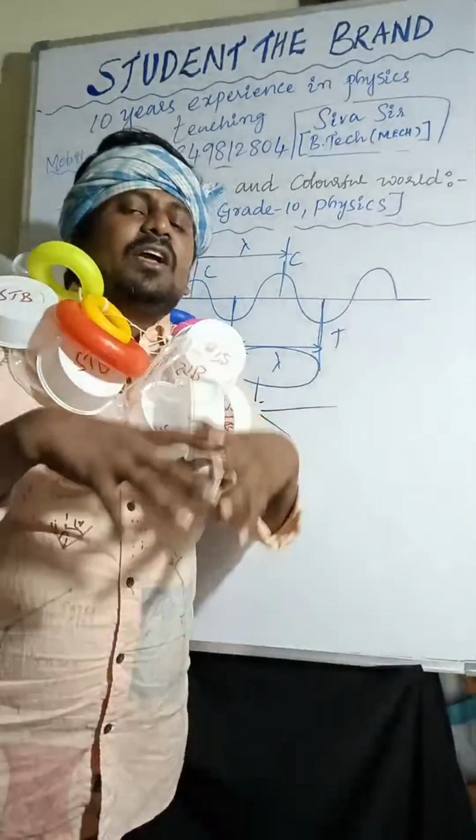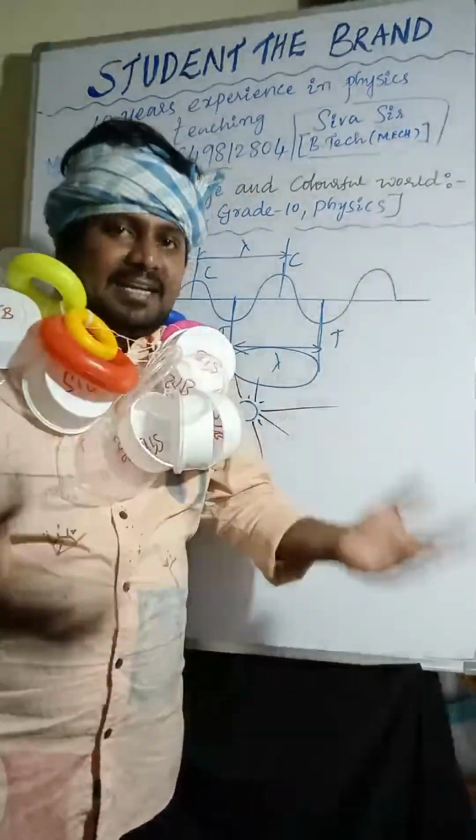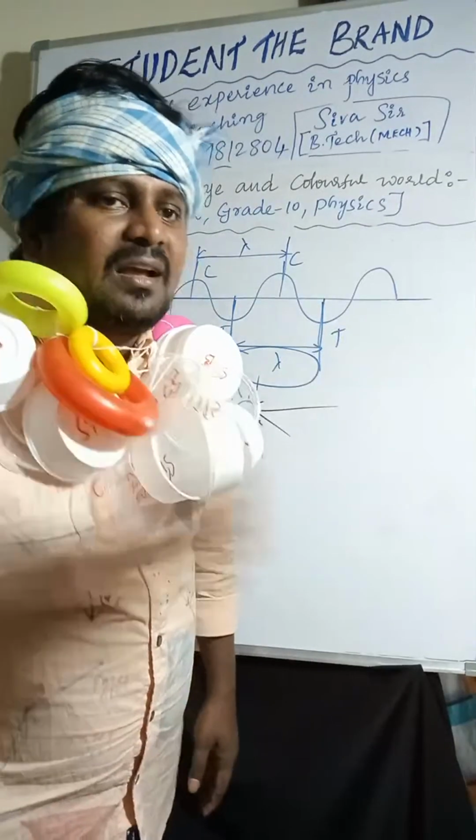Re-emission of light in all directions with a different intensity is called scattering of light.